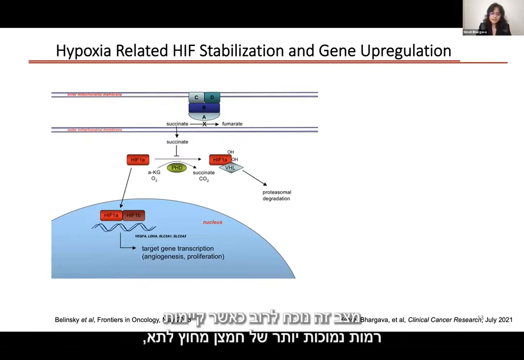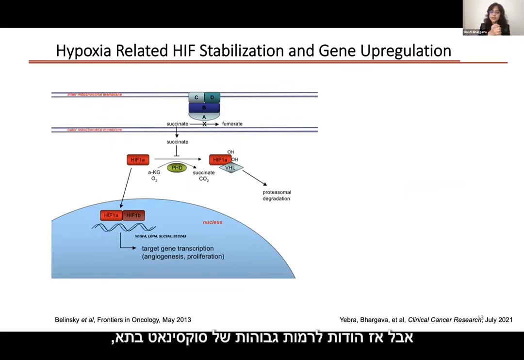This state is generally present when there are lower levels of oxygen externally, but due to high levels of succinate in the cell, it almost mimics a similar cellular state where HIF1 alpha, which is a sensor of oxygen in the cell, is stabilized, and you have a higher concentration of HIF1 alpha in the cells.